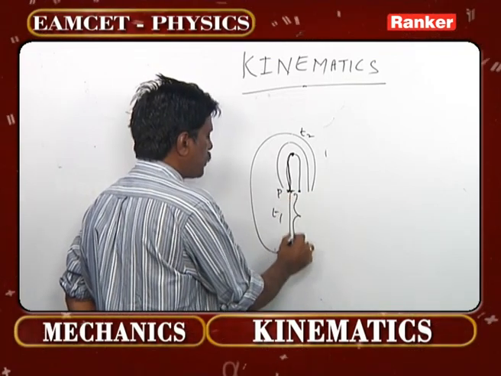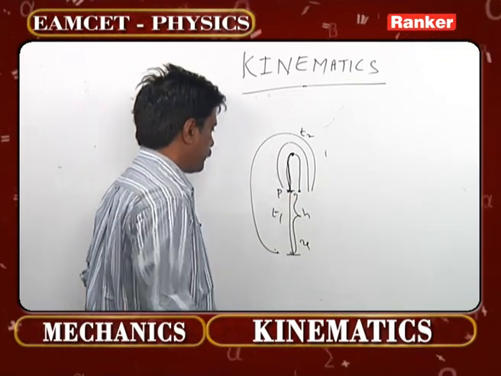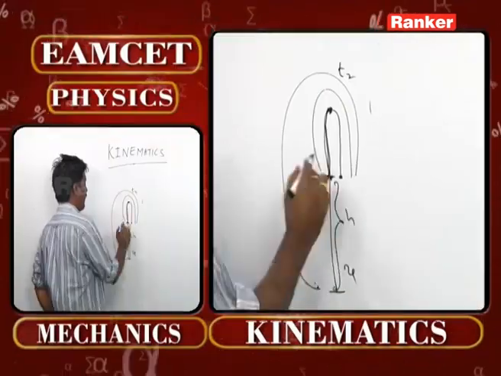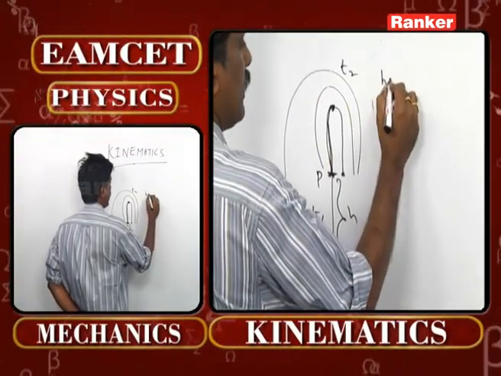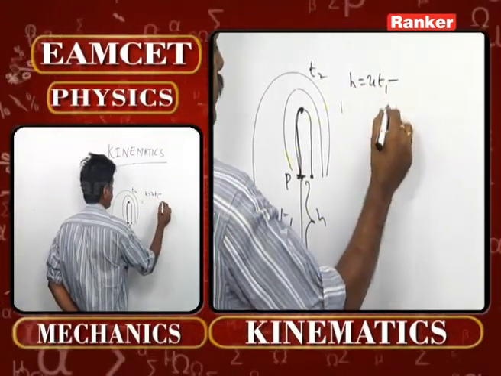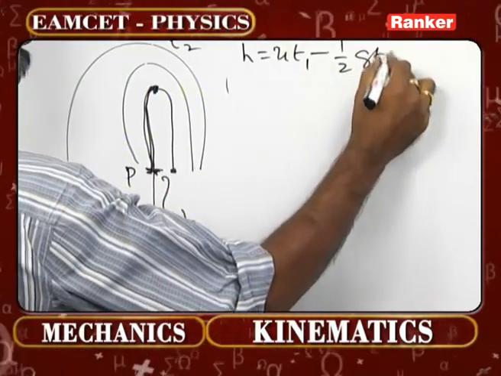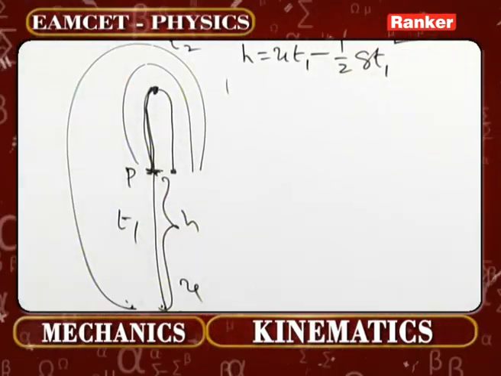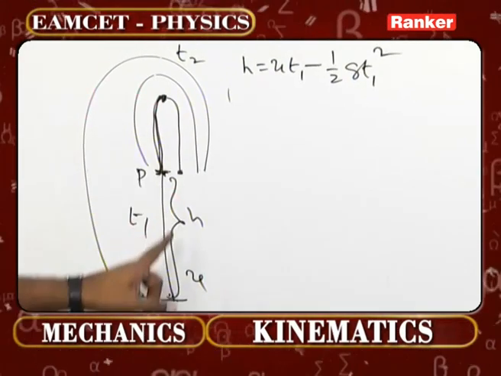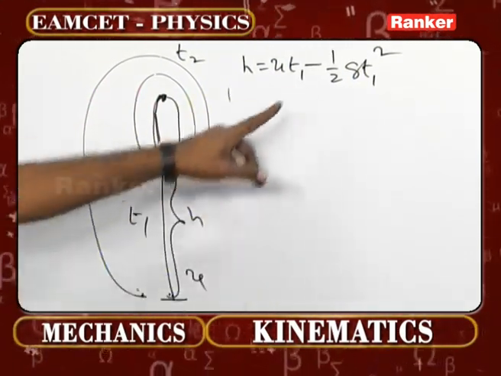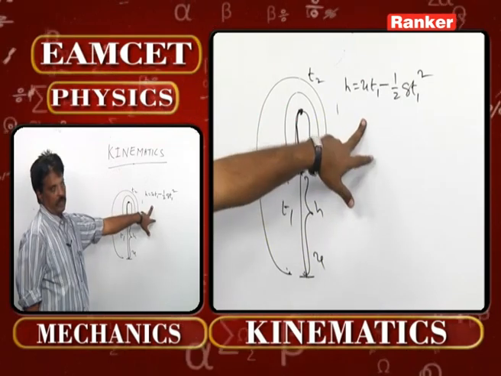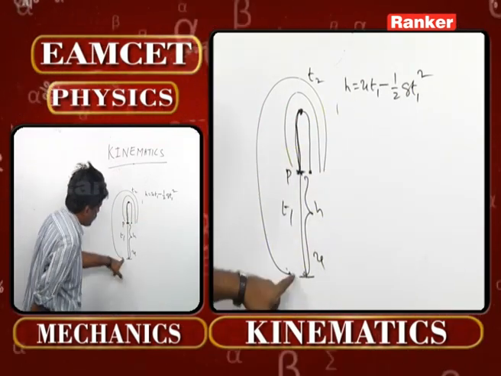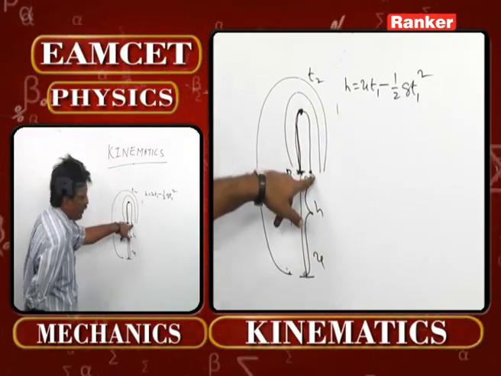If the height of this point is h, we can write h is equal to u t1 minus half g t1 square, because we projected it with the velocity u and it reached a height h after t1 seconds, we can apply this equation. But from the starting after t2 seconds also it is here.